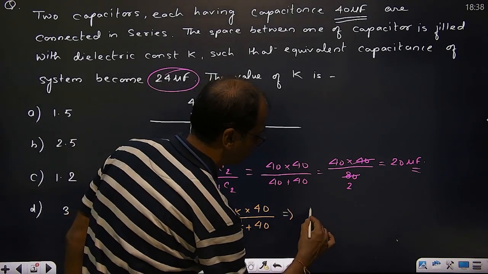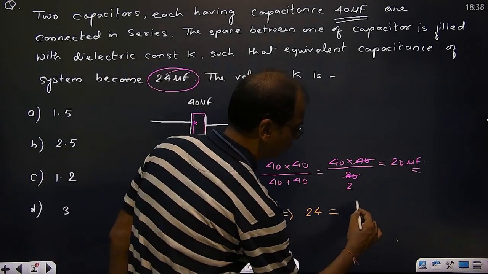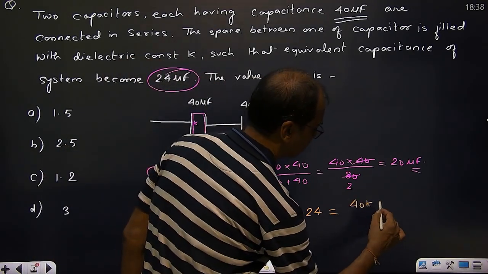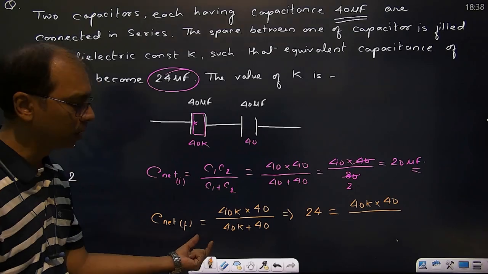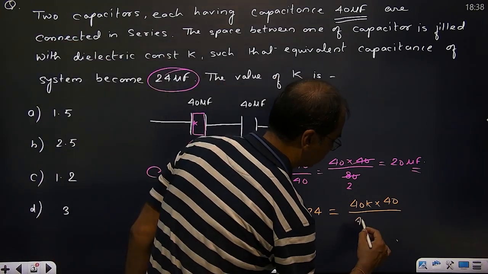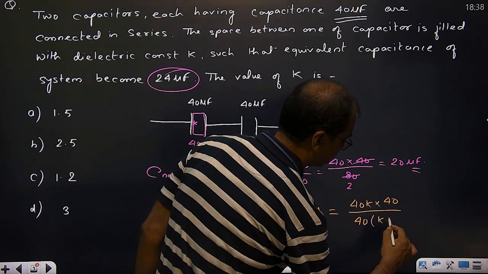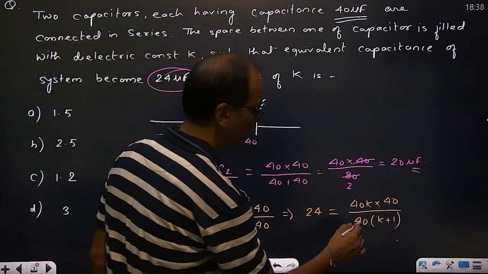Let's solve this first. 40K into 40, I am writing as it is. In the denominator I take 40 common, so 40 times K plus 1. 40 and 40 cancel.